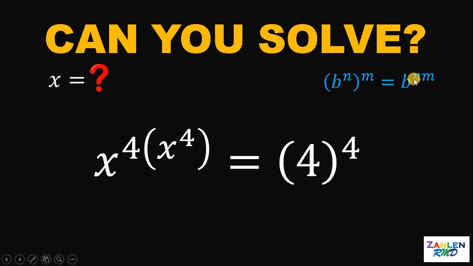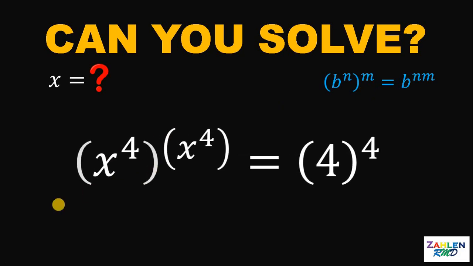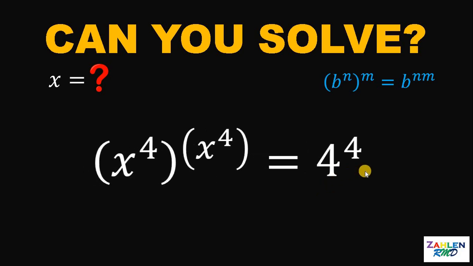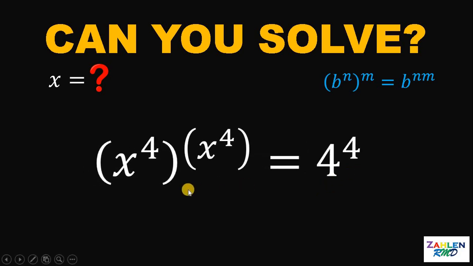If we have b raised to n times m, it is equivalent to b raised to n raised to the power of m. Therefore, the left-hand side can be written as x raised to the fourth power raised to x raised to the fourth power. And we know the right-hand side is just 4 raised to 4. Now, by comparison, x raised to the fourth power must be equal to 4.